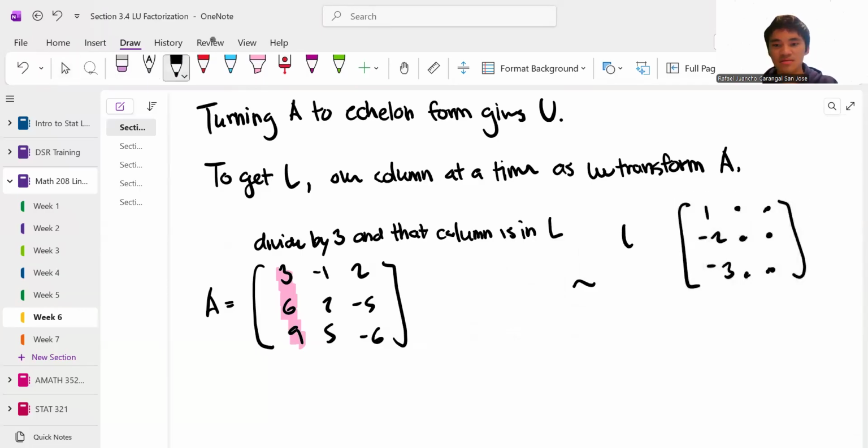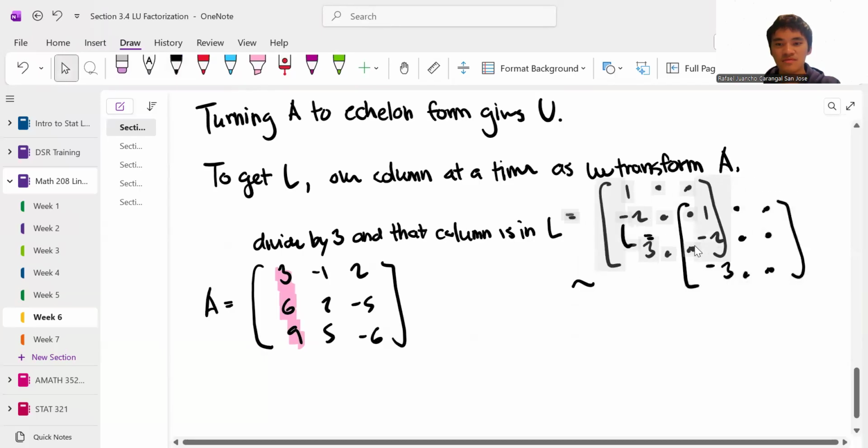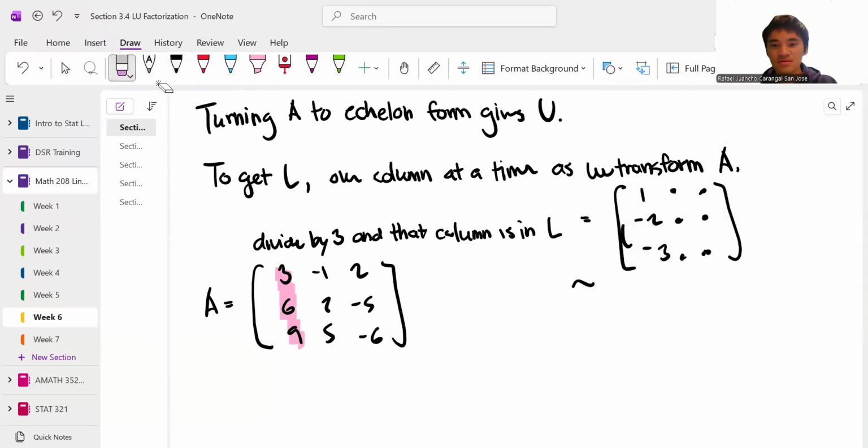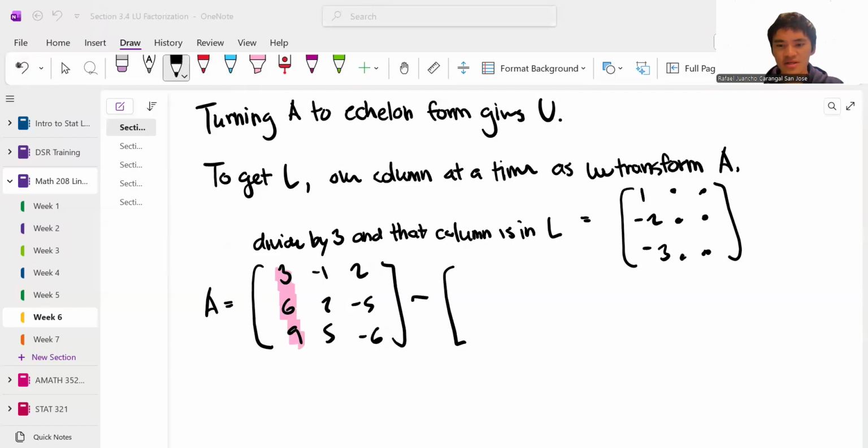Is this L? I feel like I should have done it here, or right about there. Okay. So we do row operations here. We're somehow going to get negative 3.